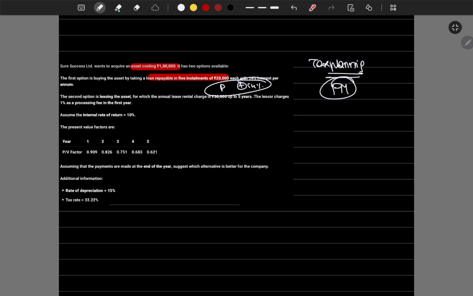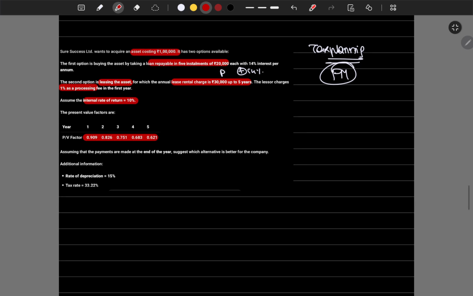Second option is leasing the asset, with annual lease rental charges of 30% up to 5 years, and 1% processing fee. They have given an internal rate of return of 10%, and also the present value factors. Rate of depreciation 15%, tax rate 33.22%.